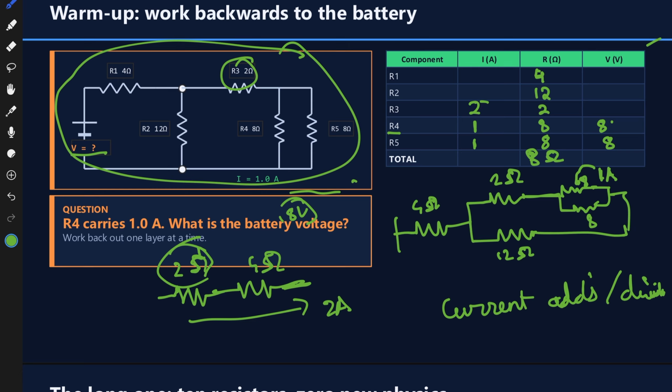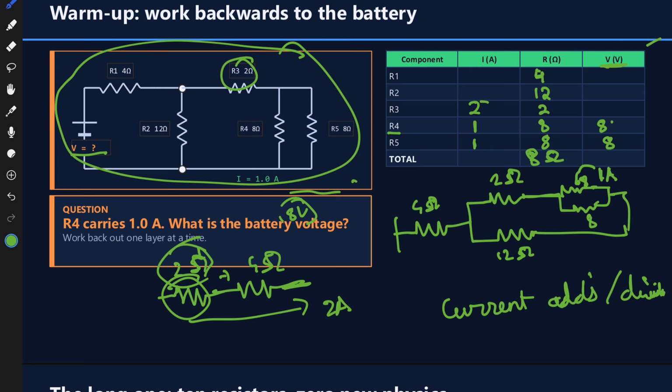And if you don't understand why, remember, if 2 amps was coming into the parallel branch and then it split, since this branch is in series with that branch, with the parallel branches, this branch is also going to receive 2 amps because it's in series, right? So then the voltage through this, we can find out.